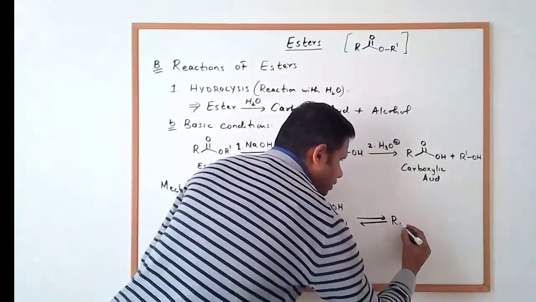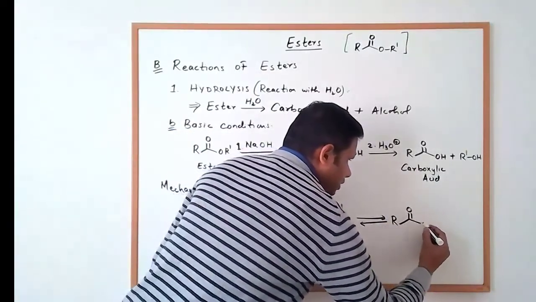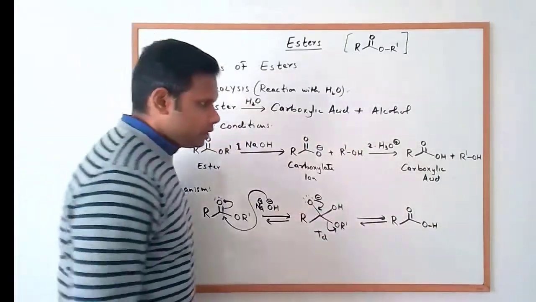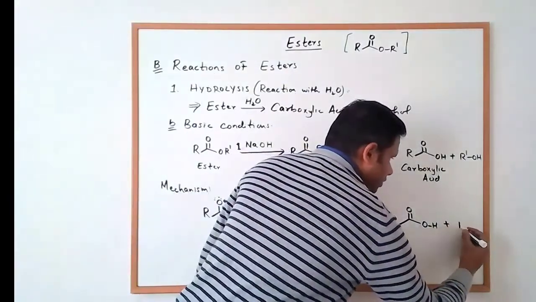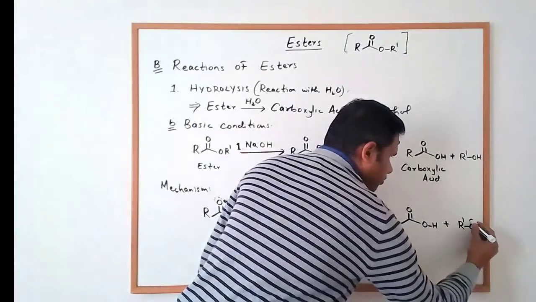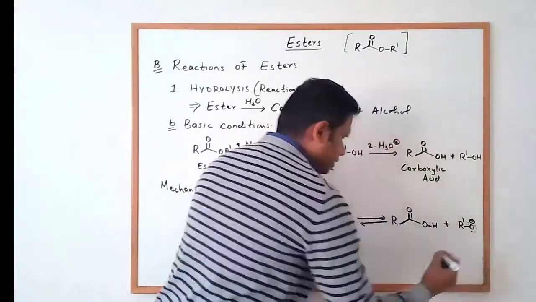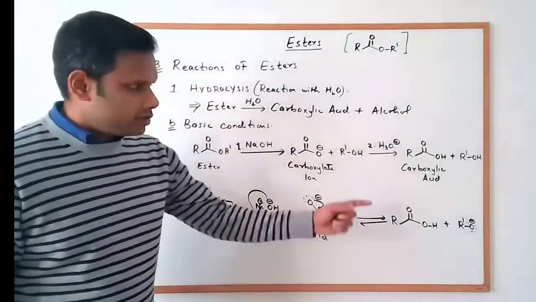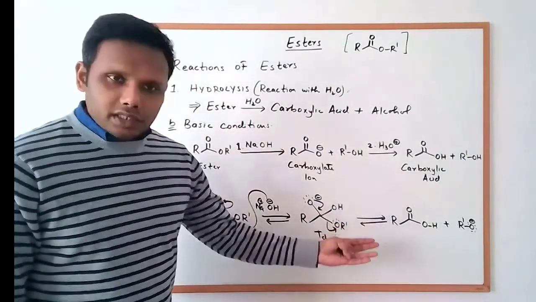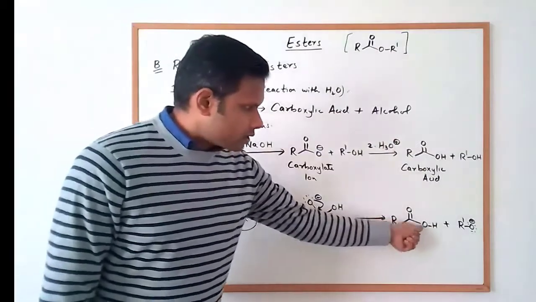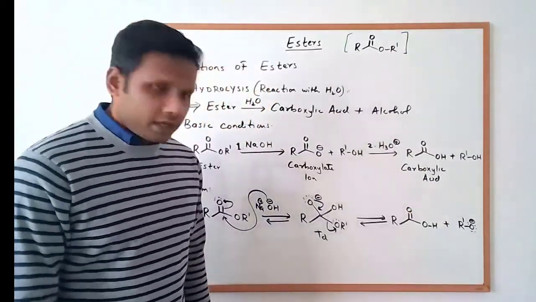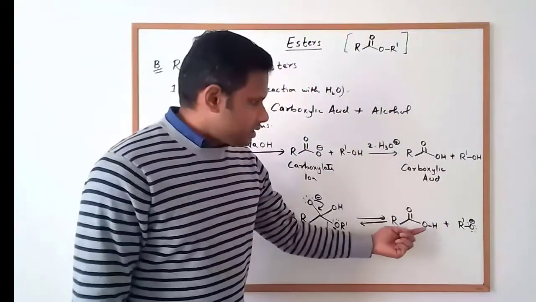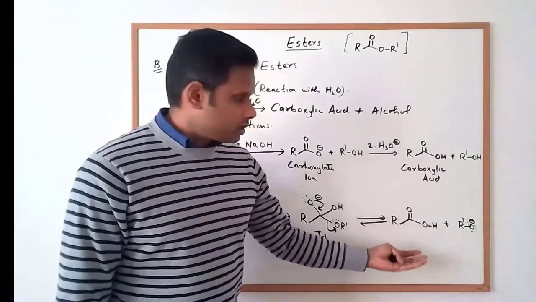So we will get the carboxylic acid, the C double bond O, OH, plus you're going to get R prime O minus. That's an alkoxide, okay? This oxygen here becomes the alkoxide. Now at this point, if you notice, we have the carboxylic acid and the alkoxide, but the carboxylic acid is more acidic than the alkoxide, okay?